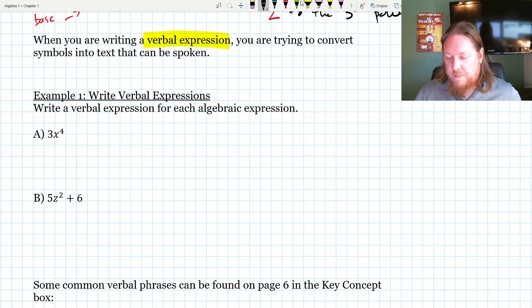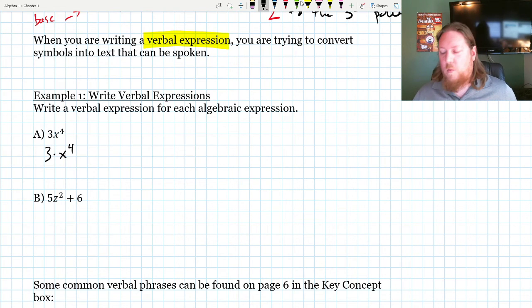So if I notice here, I have a couple things going on. I have 3 being multiplied by an x, right? We have 3 times x, but that x also has a power to the 4th.